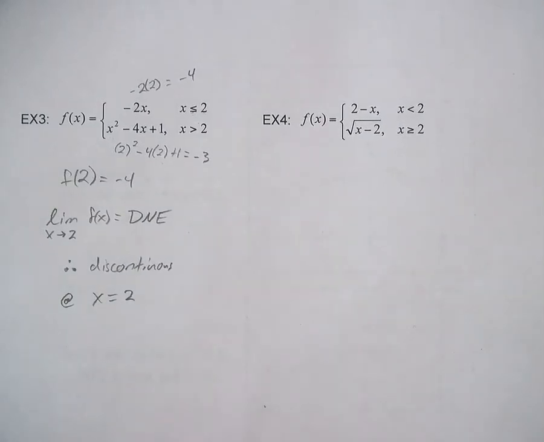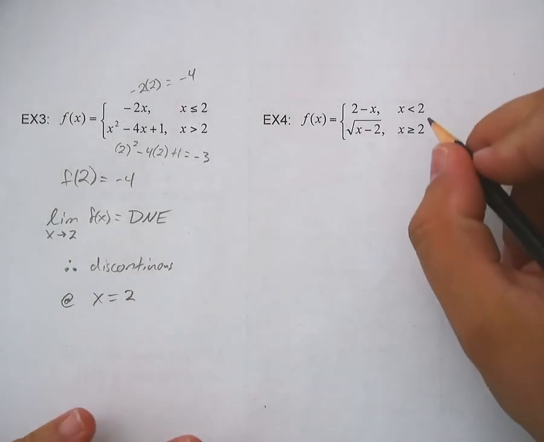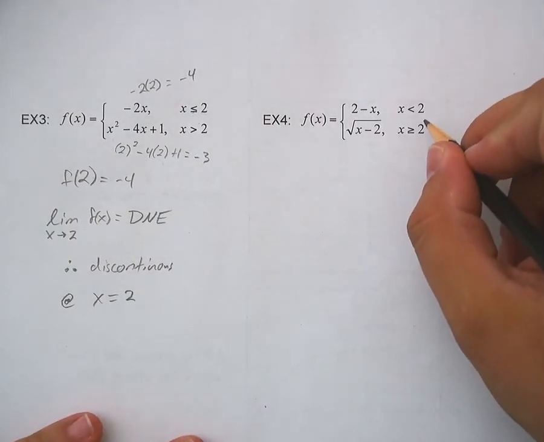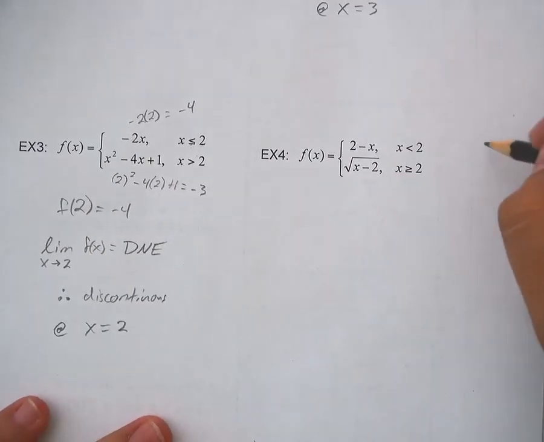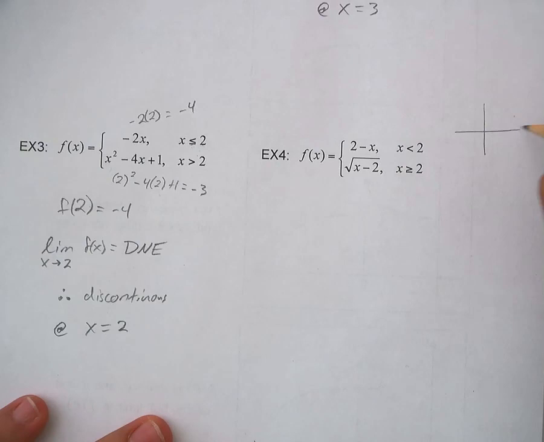So it's discontinuous at x equals 2. Anytime you have a piecewise function, this value is going to be where the issue is at. If you think about it, at x equals 2, where x is less than 2, it's 2 minus x, which is a positive 2 and a negative value for x, so it's going to be something like this with an open circle here.